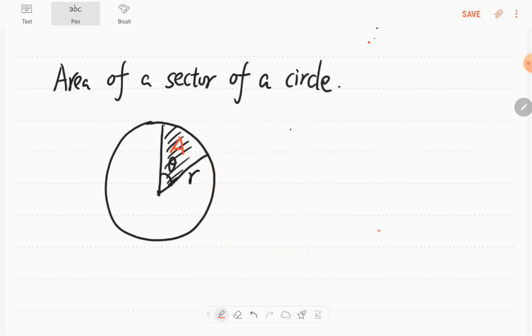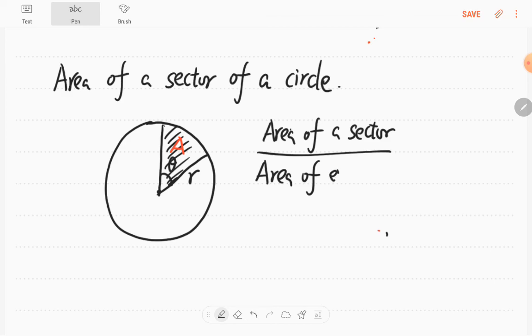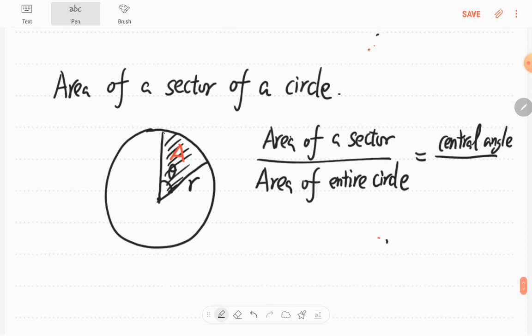So we use this formula. Area of the sector over area of the entire circle is equal to the central angle theta over 2 pi, which is the central angle for the whole circle, one revolution, is 2 pi.